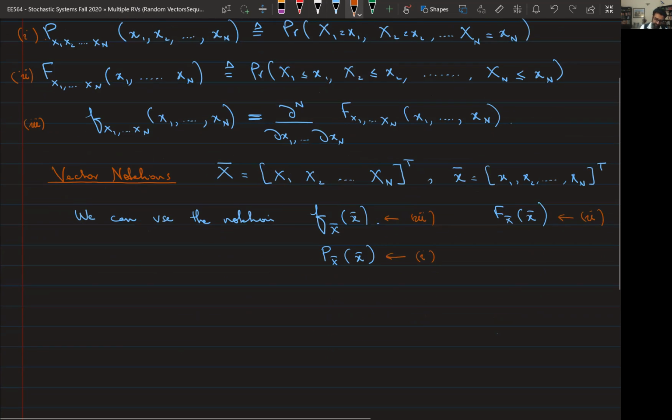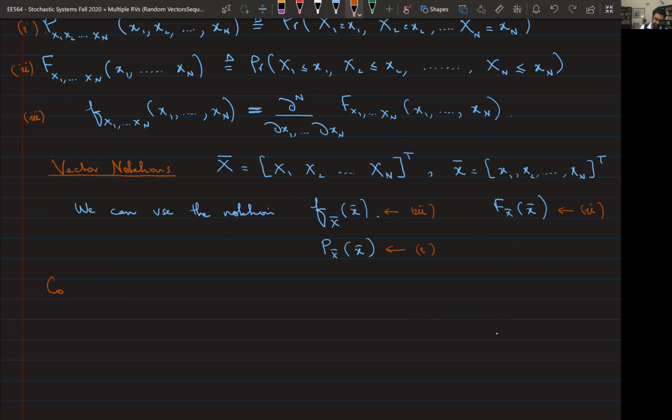Now, what about conditioning? From before this, the conditional PDFs that we talked about were only for pairs of random variables. We said, what is a conditional PDF of x1 given an observation on x2 or vice versa? Or what is the PDF of x given an observation of y? So we're only talking about two random variables, but we can extend that idea to multiple random variables very, very easily.